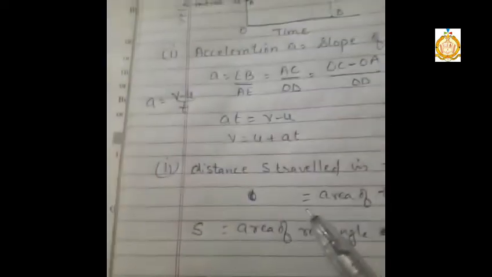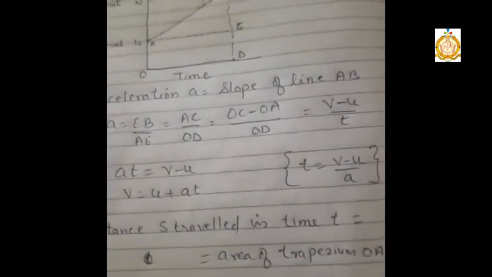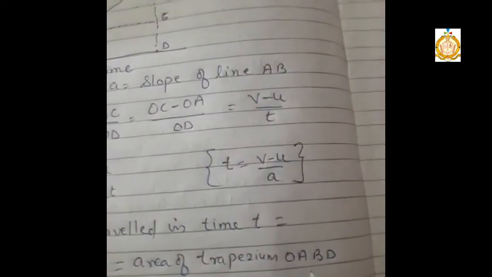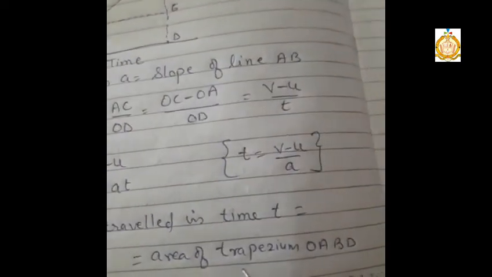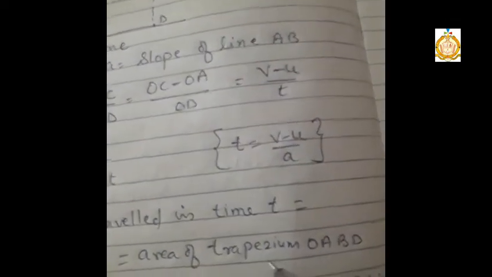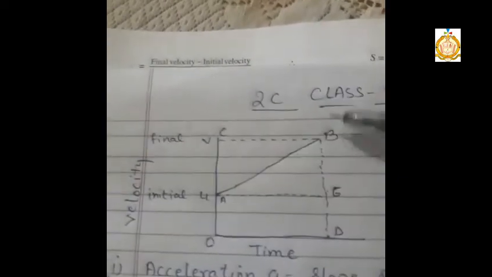Now the second formula. Distance, denoted as s, that is traveled in time t, is equal to the area of trapezium OABD. Let us see the trapezium OABD.